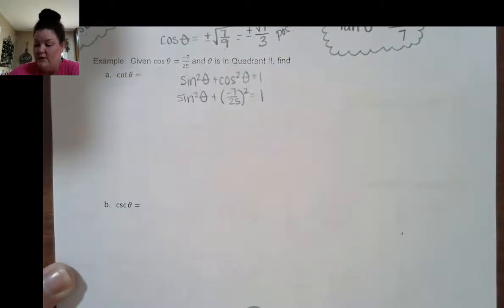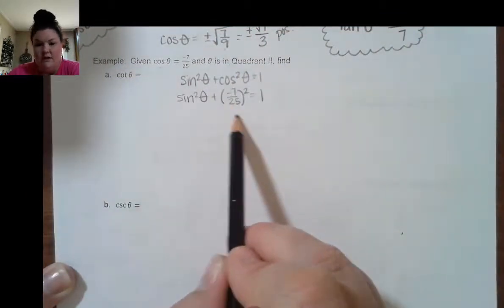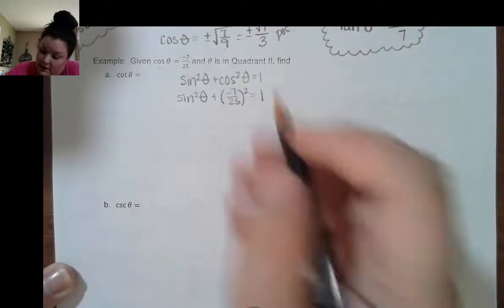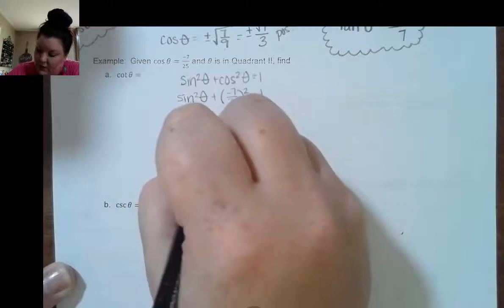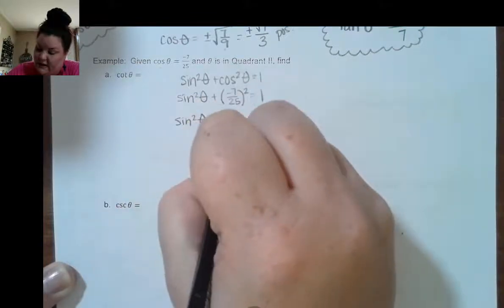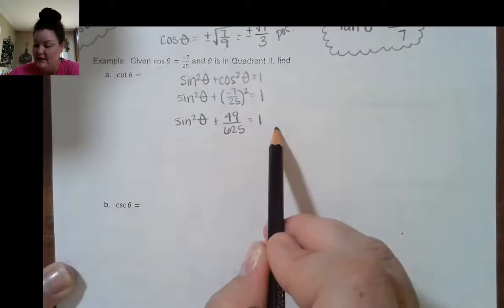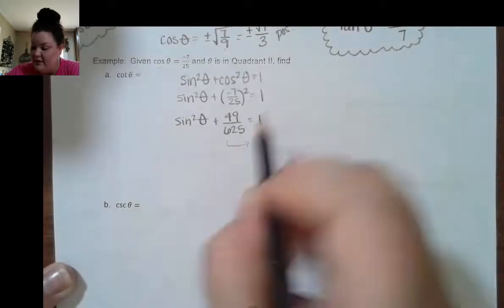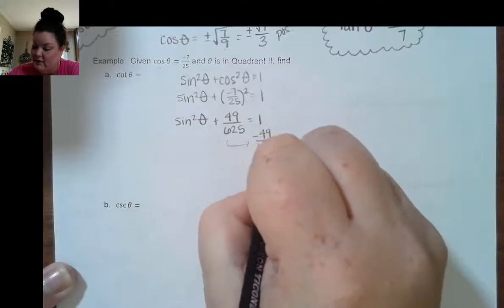So I'm going to go ahead and square this value, and that way I can move it over here and combine it with a 1. So I get sine squared theta plus, when I square this, I'm going to get 49 over 625, which is a pretty ugly fraction, right? And then I want to subtract that to the other side. So if I move it over here, I'm going to be subtracting 49 over 625, right?